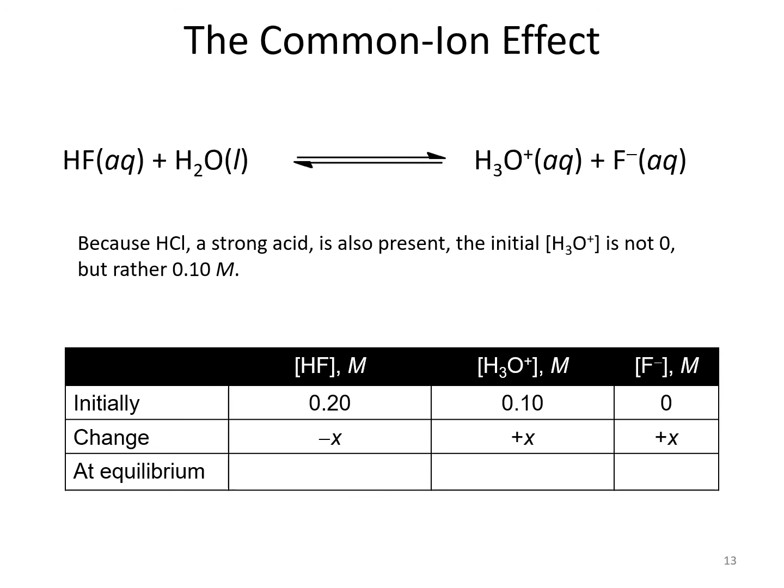Then I add the changes to the table and then calculate the concentrations in terms of the variables at equilibrium. I'm going to make two assumptions. One, that X is much less than 0.2, and two, that X is much less than 0.1.